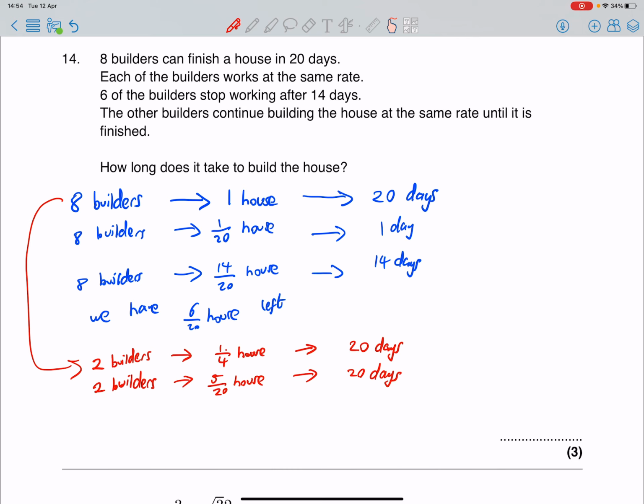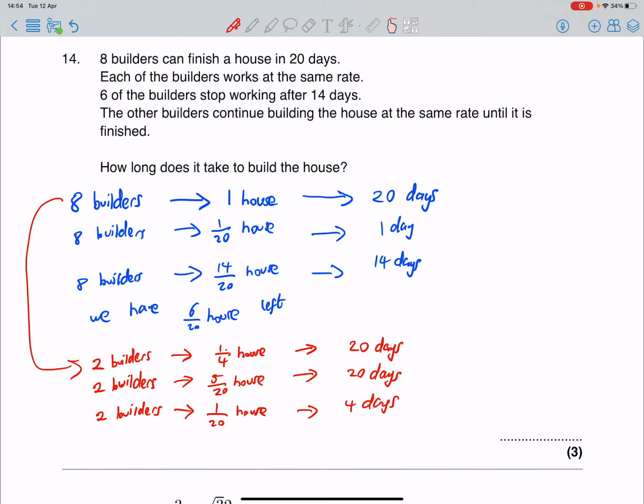If I divide by 5 for the house bit, then the two builders will build a 20th of a house in 20 divided by 5, which is 4 days.